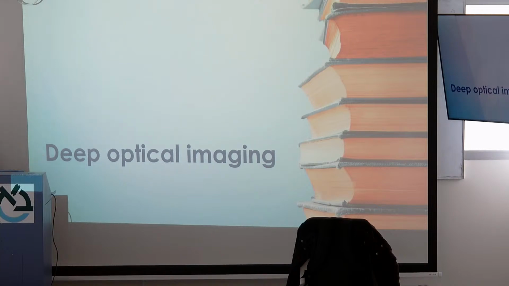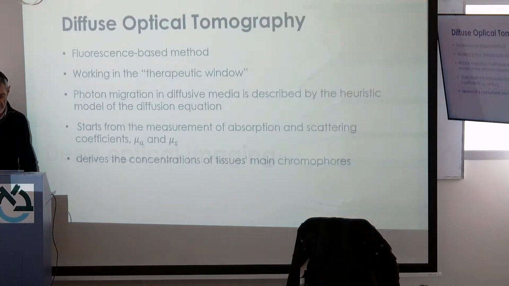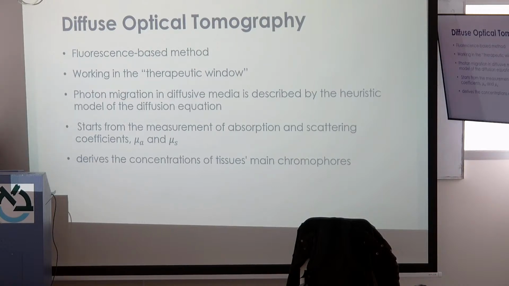So, deep optical imaging. The technique that has been developed is called diffuse optical tomography. Usually it is based on fluorescence imaging, so you are looking at an object which is fluorescent. You need to work in the therapeutic window, in the near infrared.